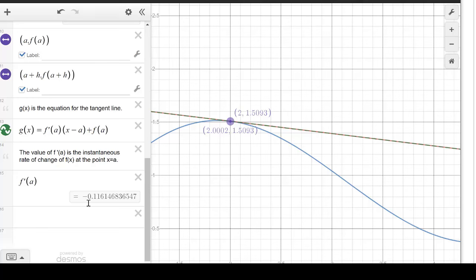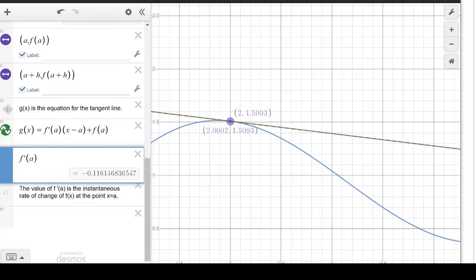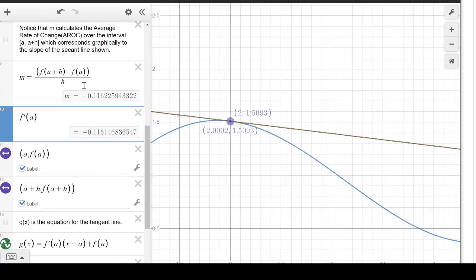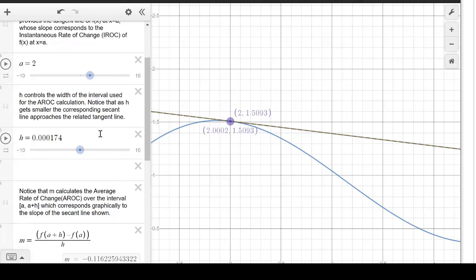The 15th entry here, the last row in this column, actually gives you the value of the derivative. If we compare that to our value for average rate of change, we see that it's very close. Sure enough, that's precisely what the derivative is giving us, the instantaneous rate of change at the point. In this case, our point is x equals 2.